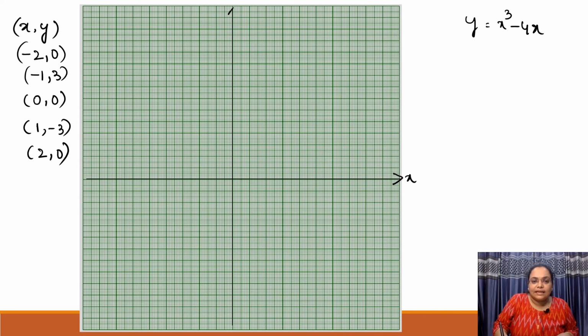This is the x-axis and this is the y-axis. So what is the scale we'll take? By seeing the coordinates, you will take a scale.